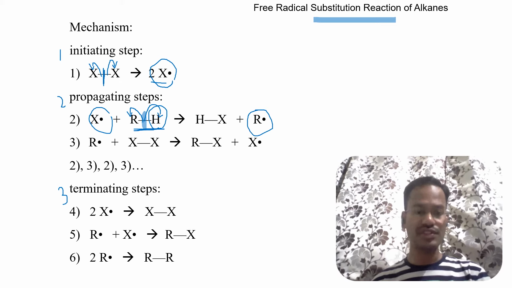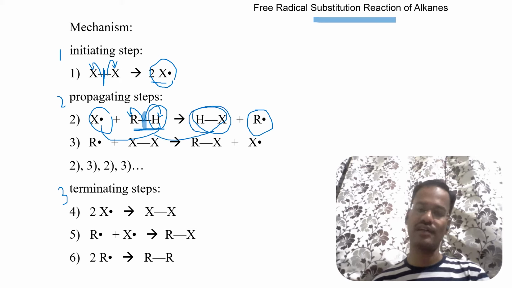This hydrogen free radical will react with a halogen free radical, and we will get a hydrogen halide.